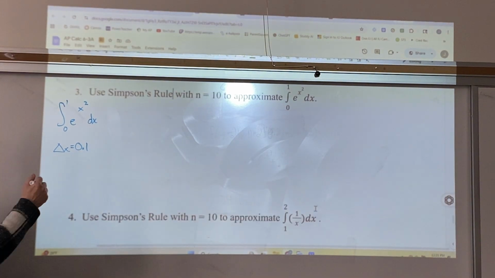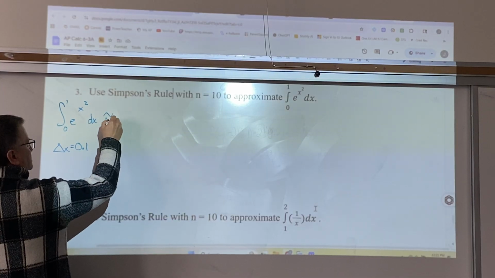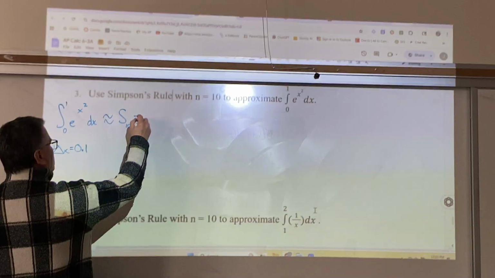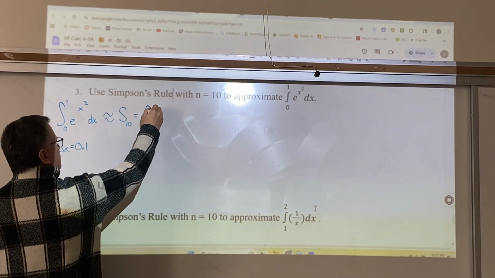Okay, so if I'm gonna estimate this using Simpson with 10 pieces, that's gonna equal 0.1 over 3.